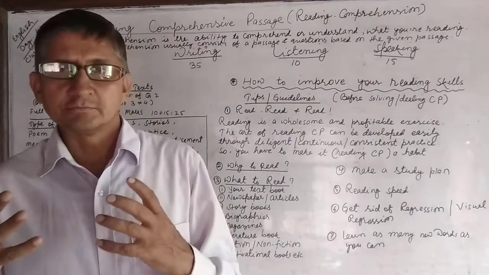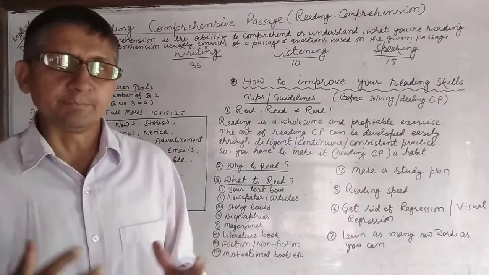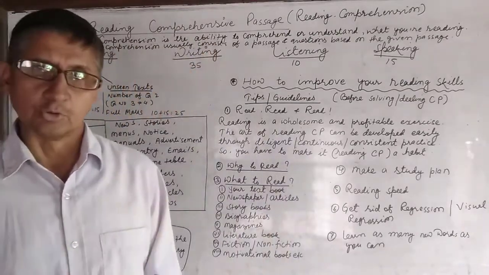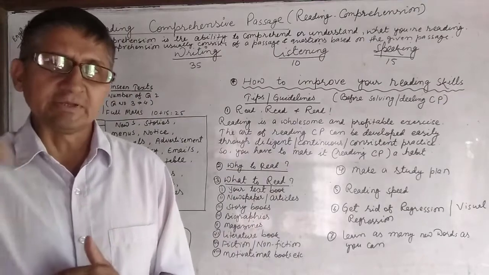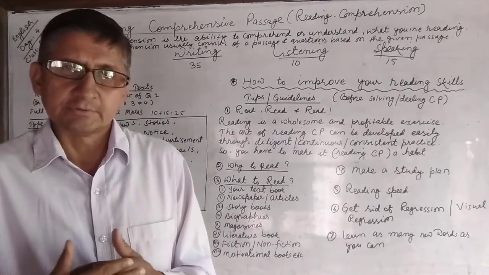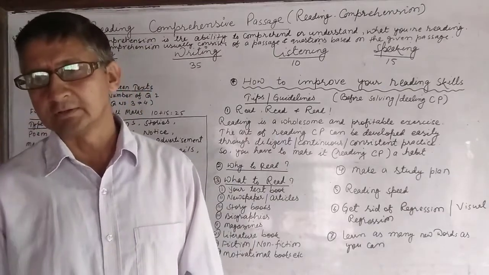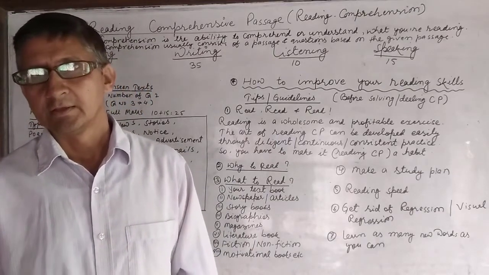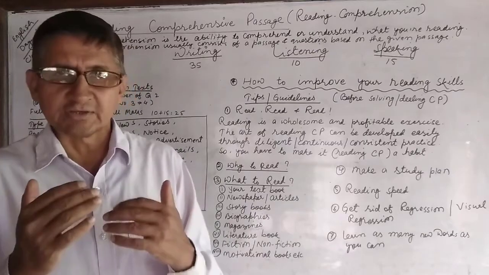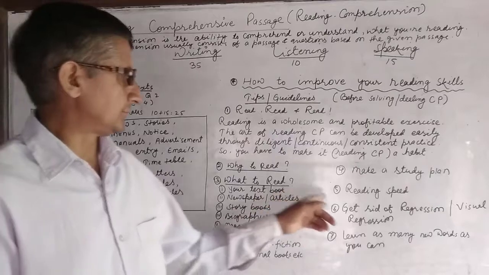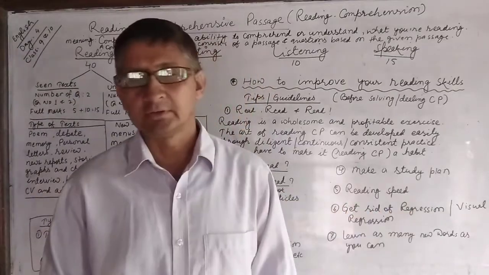When you bounce your eyes all over the page, it makes your reading slow. You can develop fast reading. Okay. You can't concentrate on reading if you have the problem of regression. Okay.